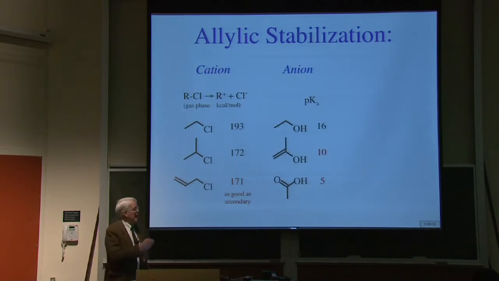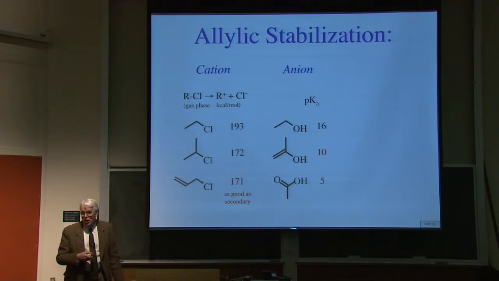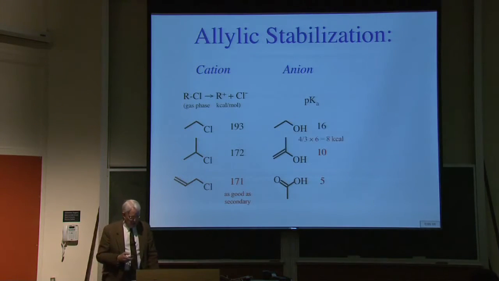Or if you look at anions, look at the pKa of the OH. Here it's 16, we know. If you have a double bond here, it falls by 6 orders of magnitude, right? And in the case where it's an oxygen here, it falls by another 5 orders of magnitude, and you actually call it an acid. So the anions get much more stable when they're allylic, by about 8 kilocalories per mole in the case of the enol.